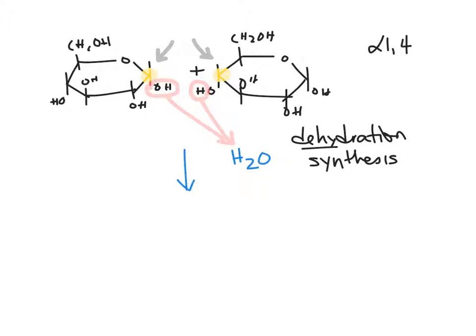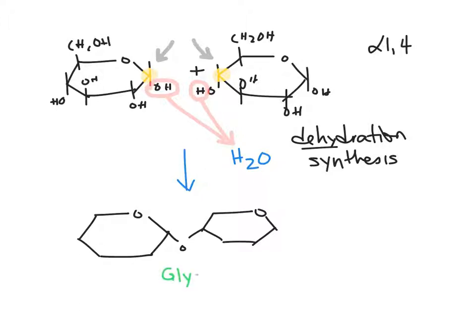And what we end up getting here is a disaccharide with a glycosidic bond between carbons 1 and carbon 4. And I haven't filled in all the other OHs.